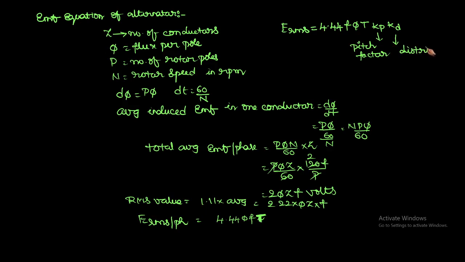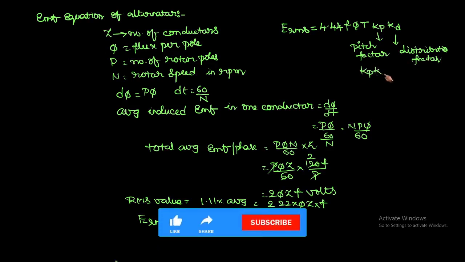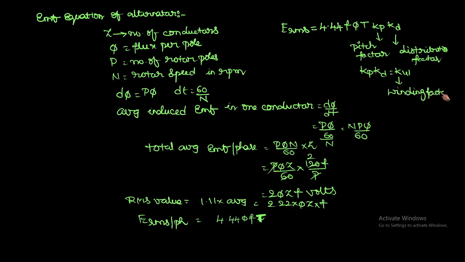Kd is called the distribution factor, and the multiplication of these two, Kp and Kd, we sometimes call Kw, the winding factor. The winding factor will also be given in the problem. This is a very important equation, so you have to note it down: ERMS will be 4.44 F phi T into Kp into Kd. That is the EMF equation of the alternator.